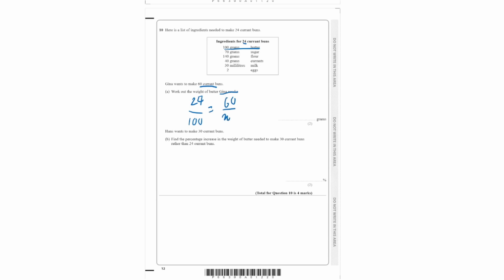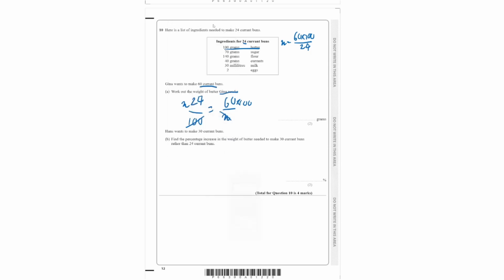We can multiply both sides by x, and multiply by 100. So that means that when we divide by 24, 60 times 100 divided by 24 should give us our value. So let's calculate this. 60 times 100 divided by 24 gives us 250 grams of butter.